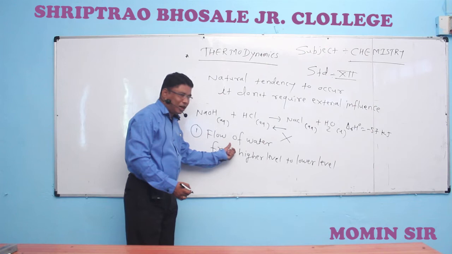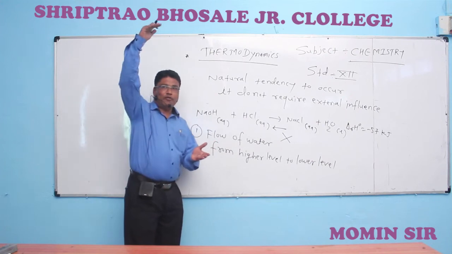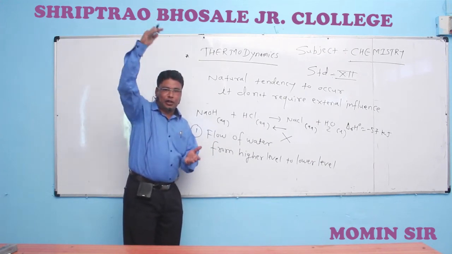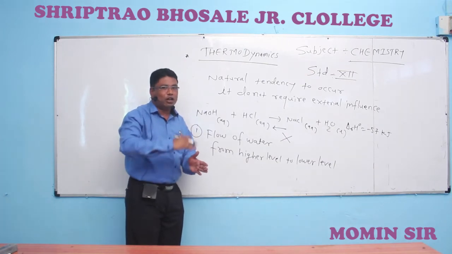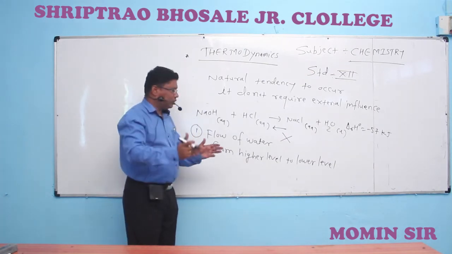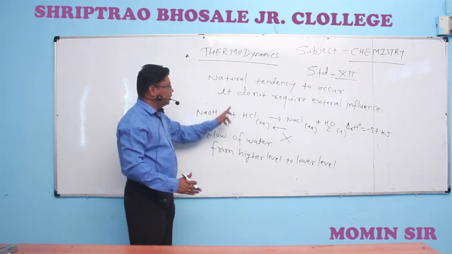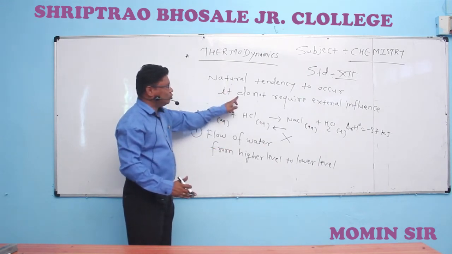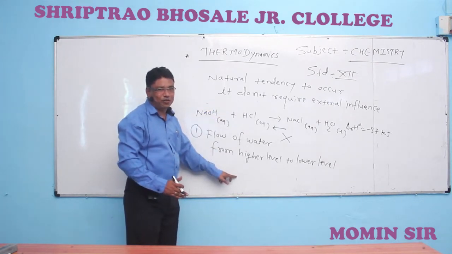It is the spontaneous process. It is the irreversible process. Because flow of water is always from higher level to lower level. It is never from lower level to higher level. That's why this process is called a spontaneous process. That means natural tendency to occur. It does not require any external influence.